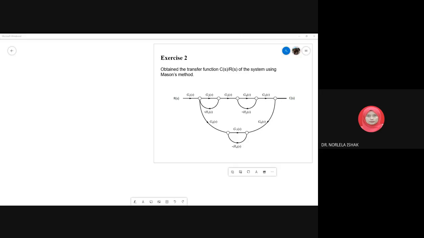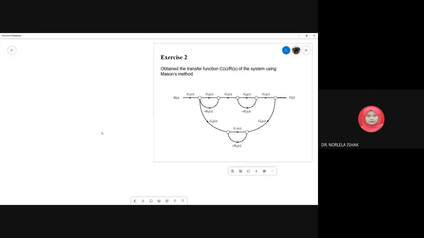So now we want to continue our exercise number 2, right? Okay. Who can give the answer? How many forward paths do we have from exercise number 2? Two forward? G1, G2, G3, G4, G5 and G1, G7. Okay, kejap.